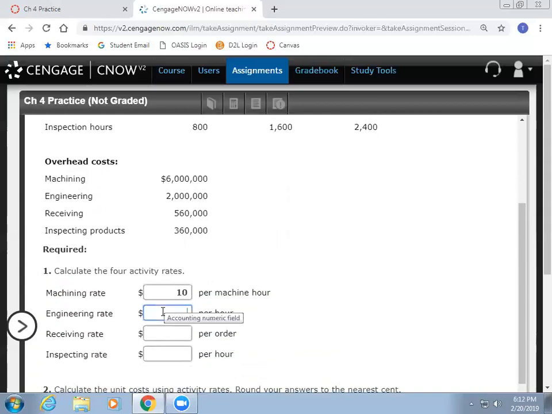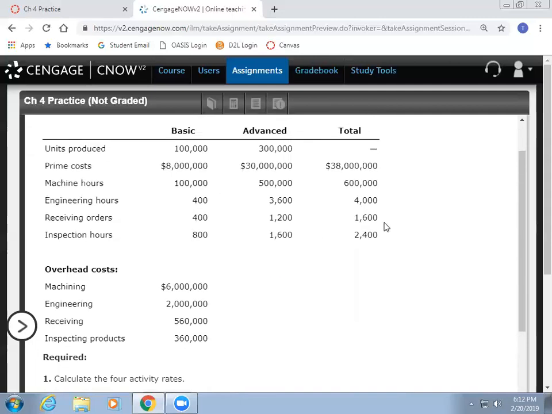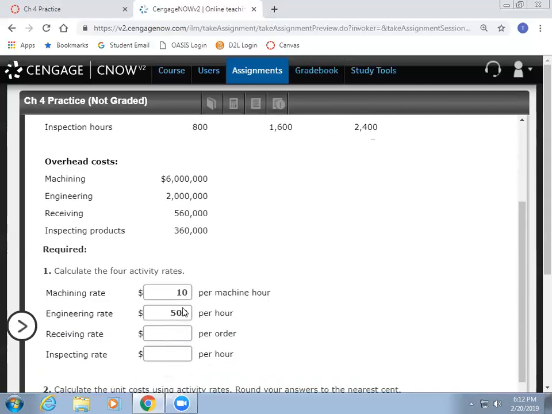So what's the engineering rate? 500. Perfect. So 2 million divided by 4,000. Receiving, $560,000 a cost divided by 1,600 orders. Very good. 350 per order. And then we have inspection rate, 360,000 divided by 2,400 inspecting hours. 150, perfect.